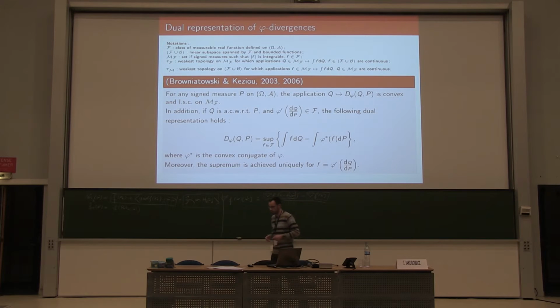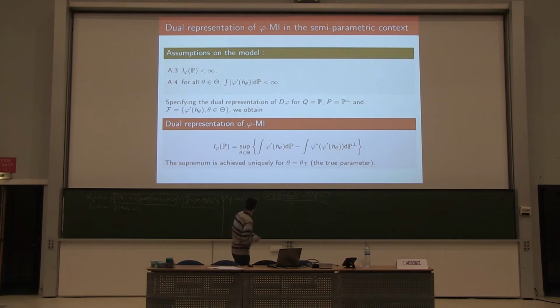So if we particularize this result in the context of mutual information, and taking advantage of our modeling, we obtain that under some integrability conditions on the model, the phi mutual information can be expressed as a supremum on the set of parameters of this objective function, which again is the sum of two integral terms.